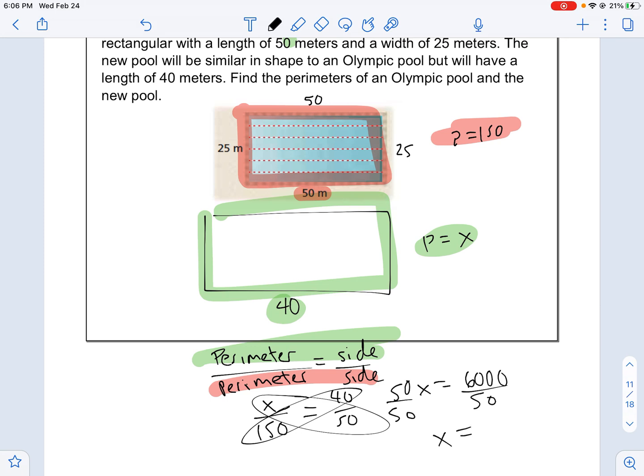And we're going to get 120. And that's our perimeter. And let's say they wanted to know what the ratio of the perimeters was. Well, that's 120 over 150, or 4 over 5, if you divide both of these by 30. So that's what we call the perimeter ratio. It's just the ratio of the perimeters.